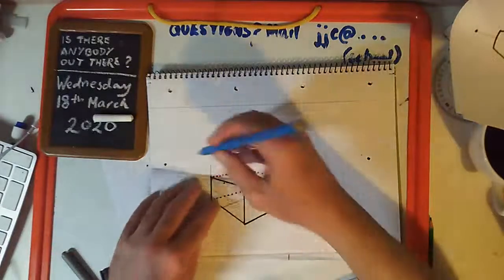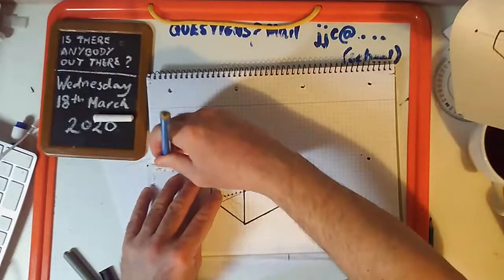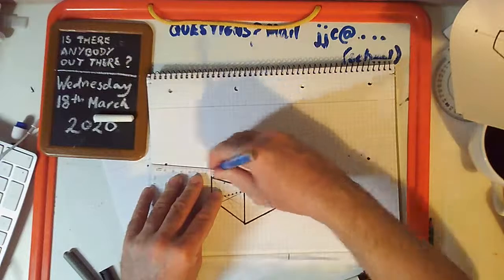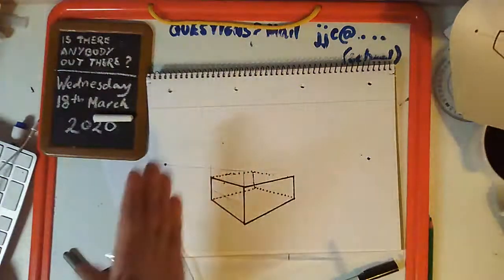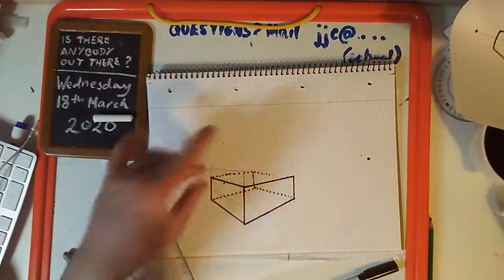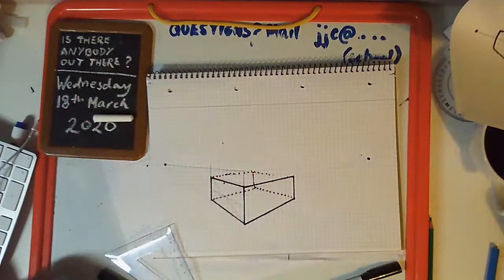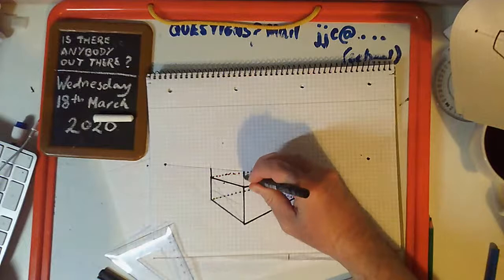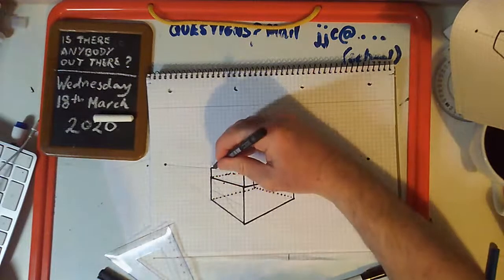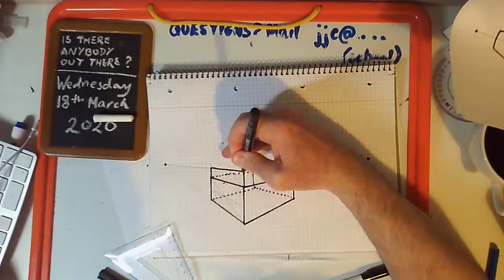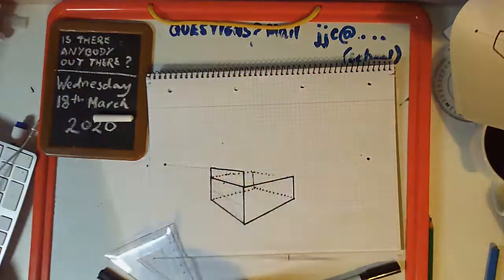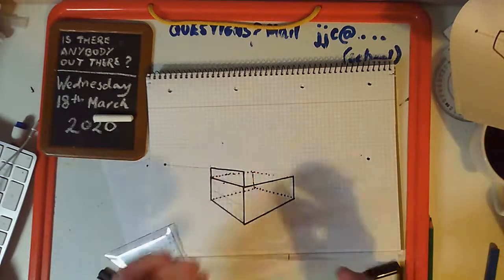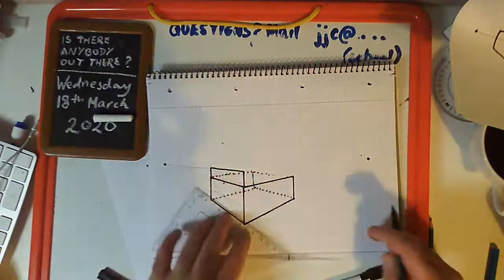Because wherever that roof peaks, it's going to be enclosed in another rectangle, or distorted rectangle, I should say, and everything in that rectangle should go to the same vanishing points as before. So imagine it like a shoebox with a lid on.